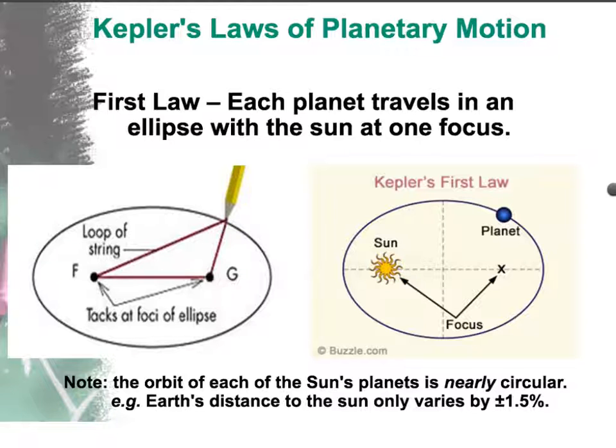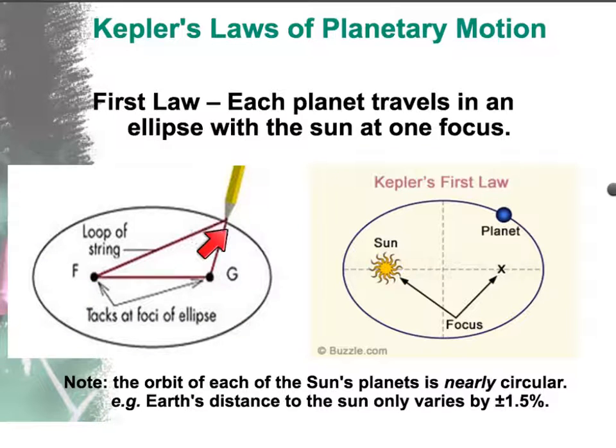So what is an ellipse? You probably didn't get enough exposure to what are called conic sections when you were taking pre-calc, but you can make an ellipse on a piece of paper by taking two thumbtacks and tacking them into a table or something like that.